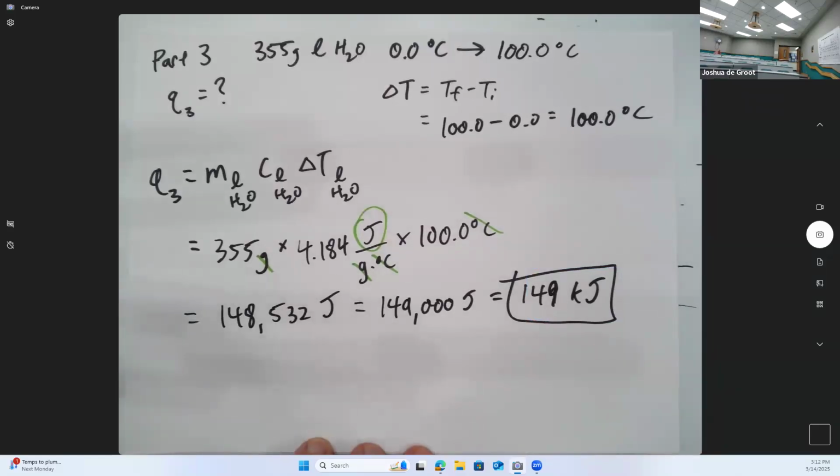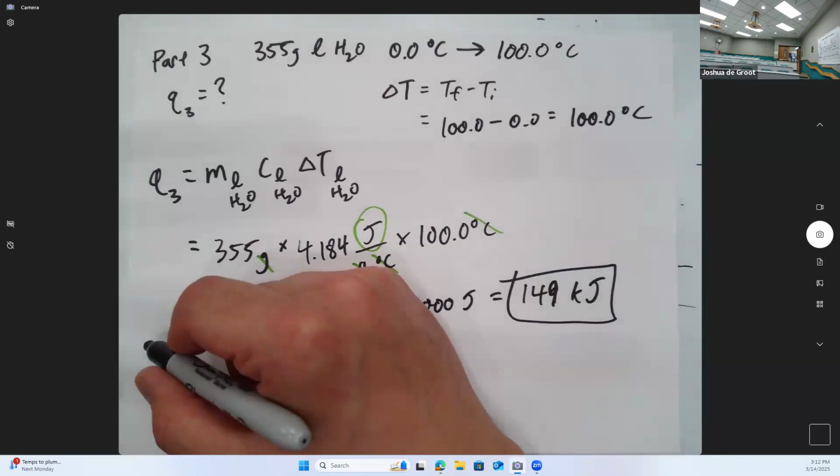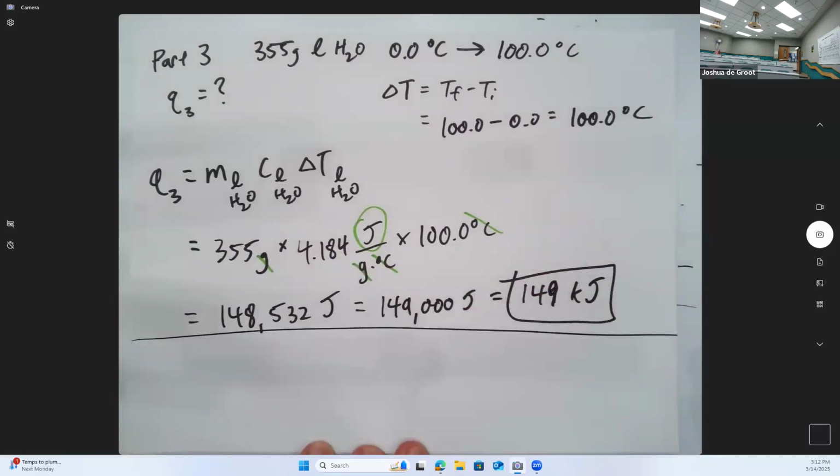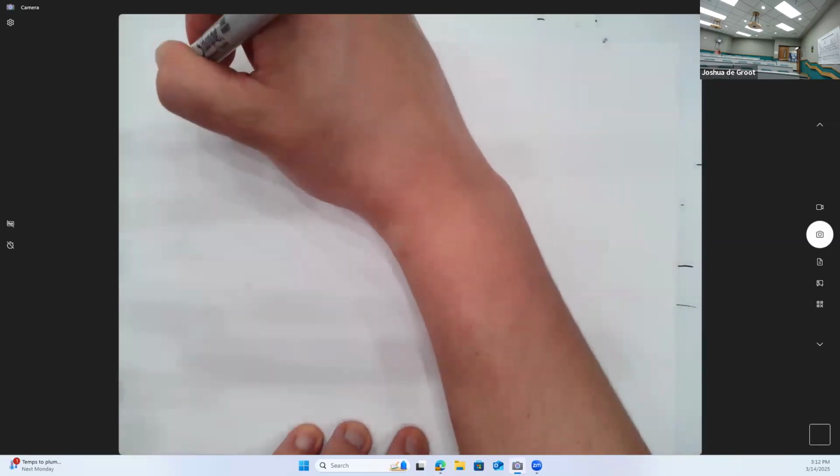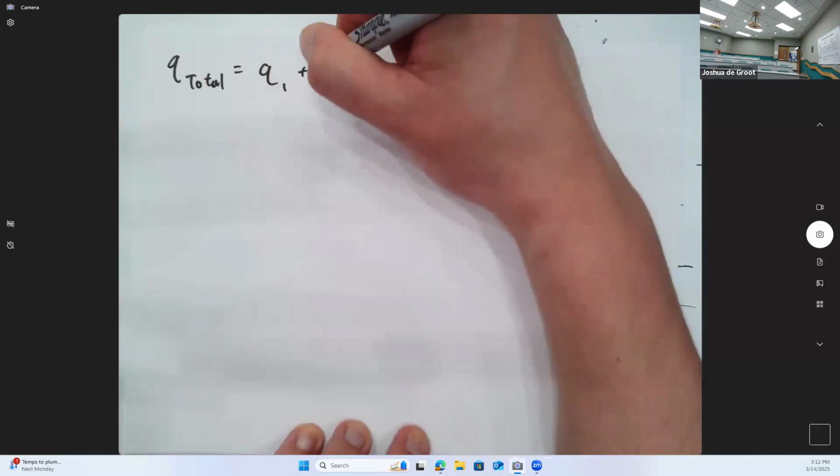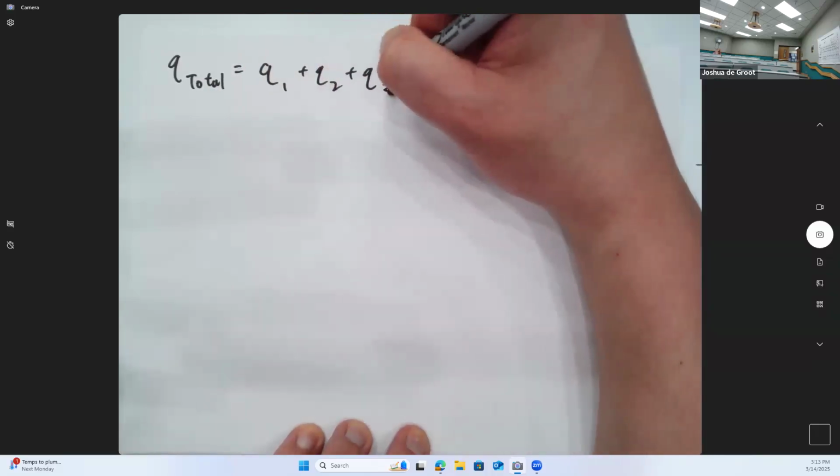149, yeah. All right, and we're almost done. The ultimate question, the question we asked at the beginning is, how much heat does it take to take some water from negative 20 to 100? We covered all 3 processes that happen, so now all we gotta do is add them up. So Q total, we're going to add up Q1, Q2, Q3.